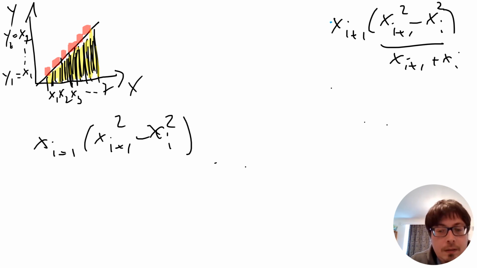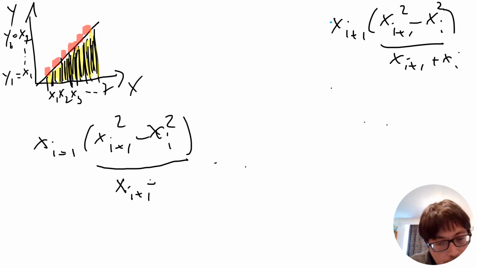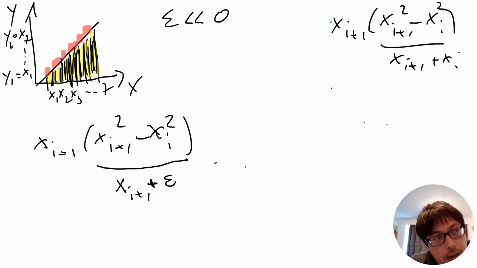If they are very close to each other, we are introducing a small error, but we can say xi plus 1 plus a tiny bit epsilon, which is approximately 0, but not quite. I don't want to go technical there because I make a mess. So it's approximately 0, but it can be 0.